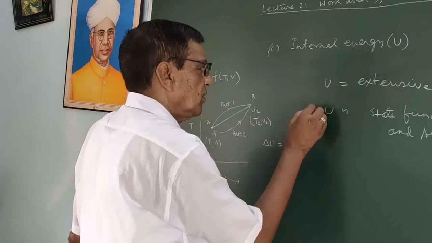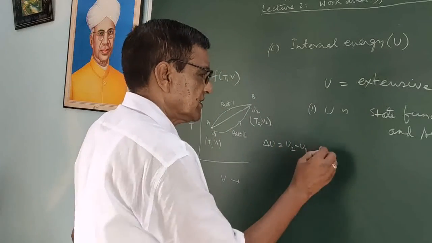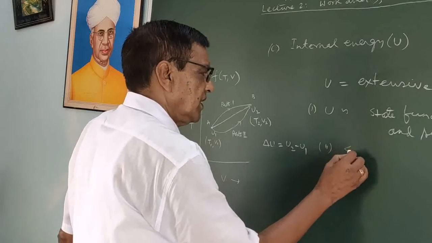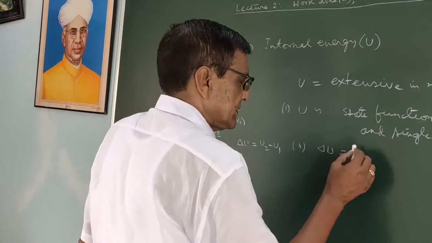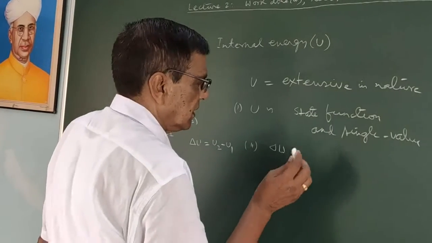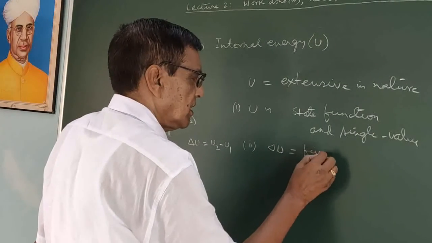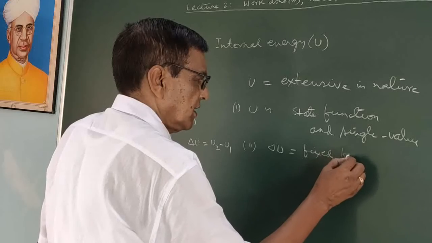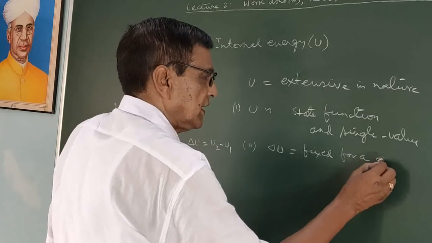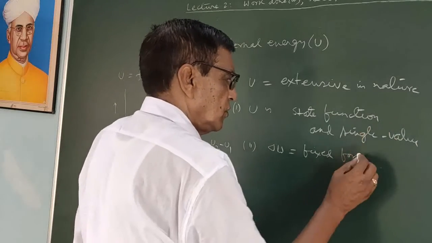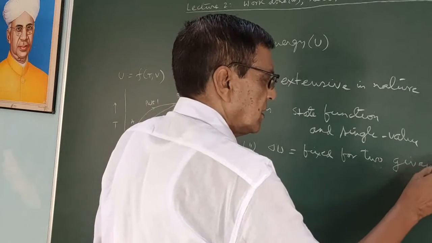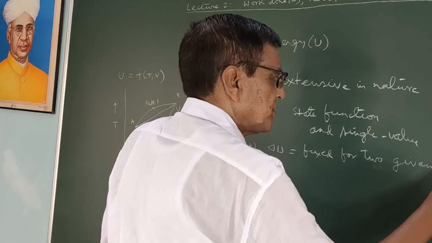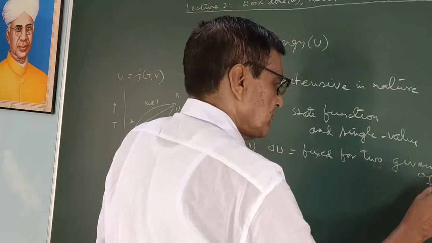First criterion: it is a state function. Second criterion: delta U is fixed or constant for two given states of the system.